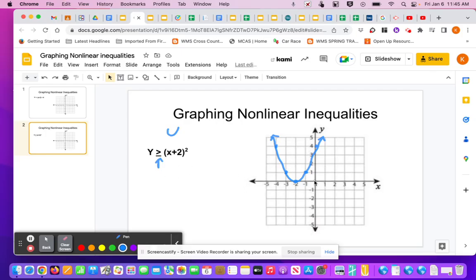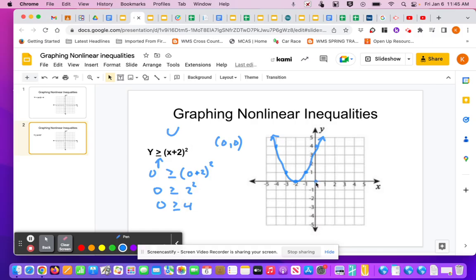Again, I am going to test the origin. Origin's nice and easy. Test that point, (0, 0). Does it satisfy this inequality statement? I don't know. Let's see. y is 0. Is 0 greater than or equal to (0 + 2) squared? And if we do that, I get the statement 0 is greater than or equal to 2 squared. Uh-oh. Is 0 greater than or equal to 4? Well, no, it is not.